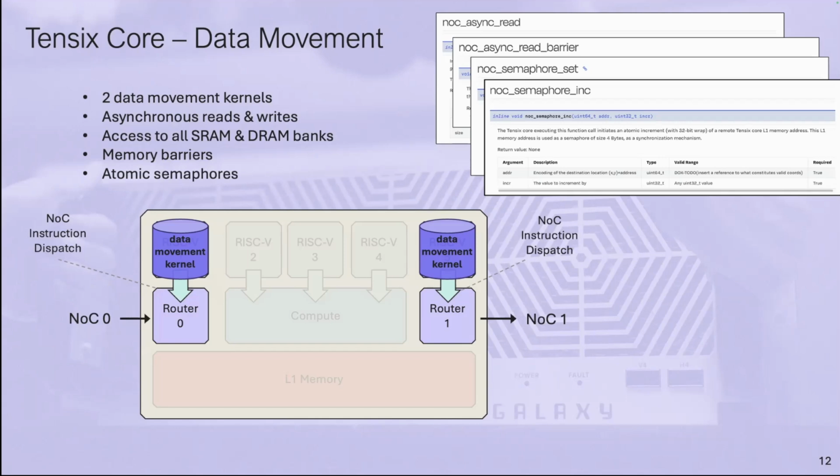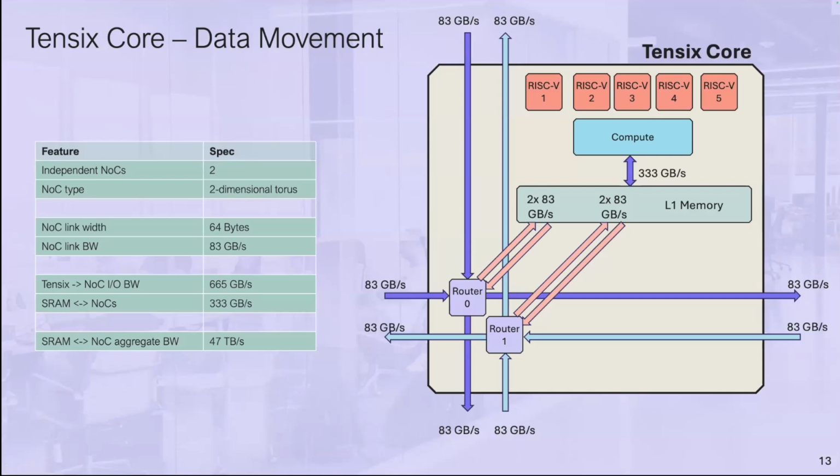When you have AI models that are fairly linear but in different stages, you can think of how you could set that up. I'm alluding to how you might use this later, but from a high level, we can read and write to any SRAM and DRAM from any core, and we have synchronization primitives.